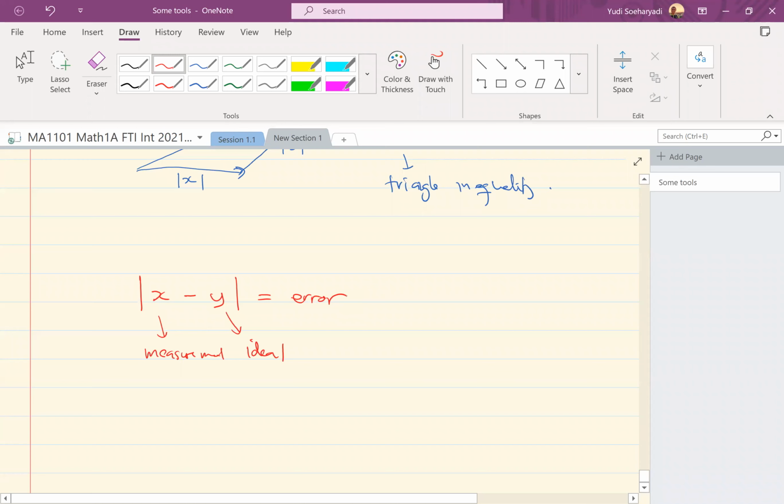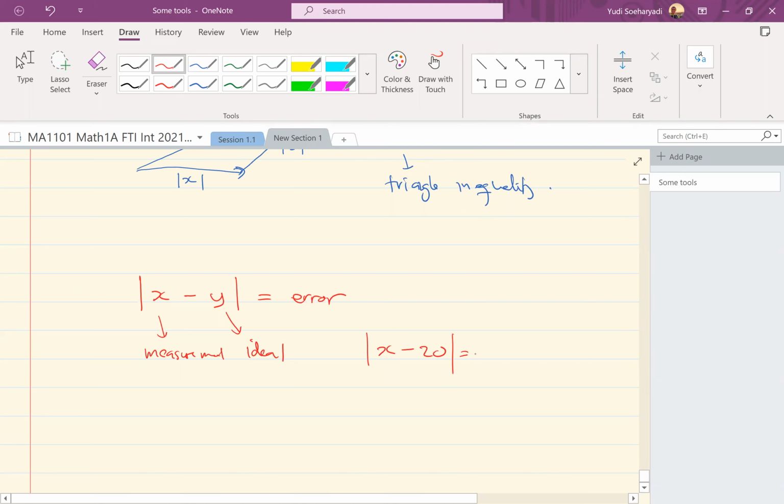So when you measure x, say someone cuts a paper about 20 centimeters with a scissor. What you cut is never exactly 20 centimeters. So x is the measurement, 20 centimeters is the target, and the difference is the error.